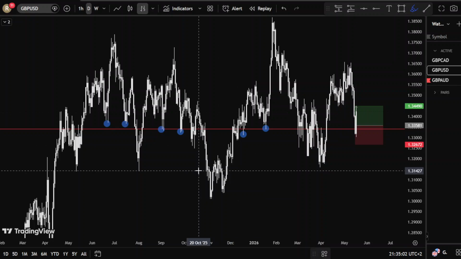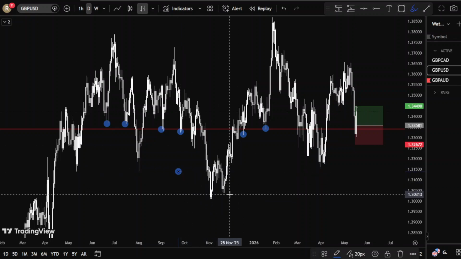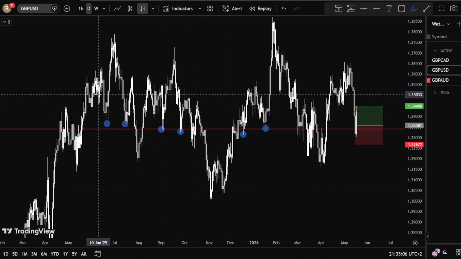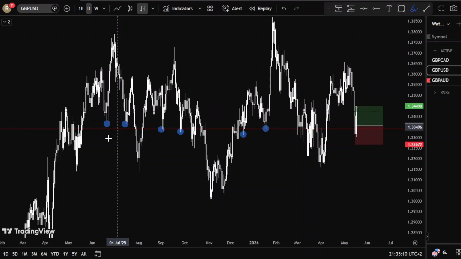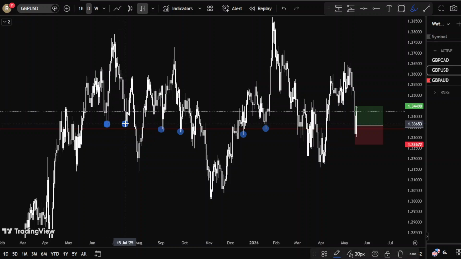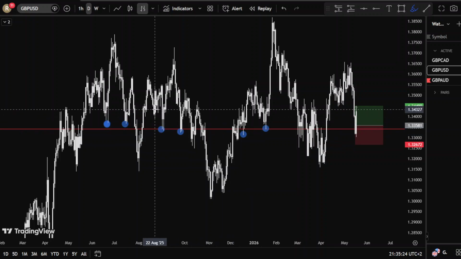I use this tool just to show where it has bounced before. You don't need to put this. I just find it easier that if I go here and put all the blue dots, then I find it easier to have the red line in the middle. So that's why I do it.